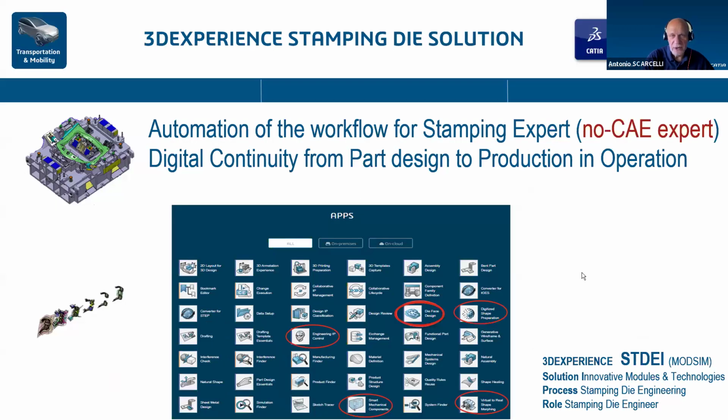Okay, so what is the aim of our stamping die solution? It is to deliver capability to automate the workflow for a stamping expert, for a person who is very expert on designing stamping die, on designing die phase, but not being a CAE expert.